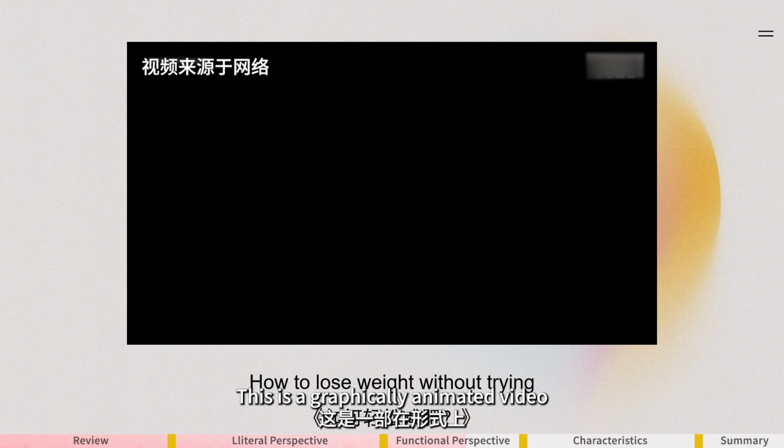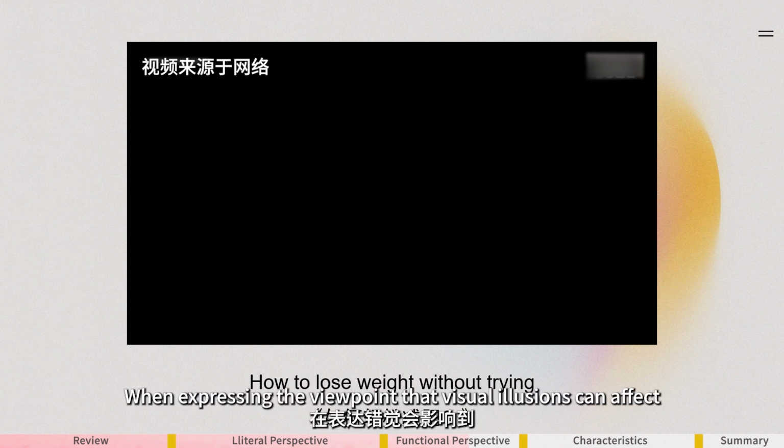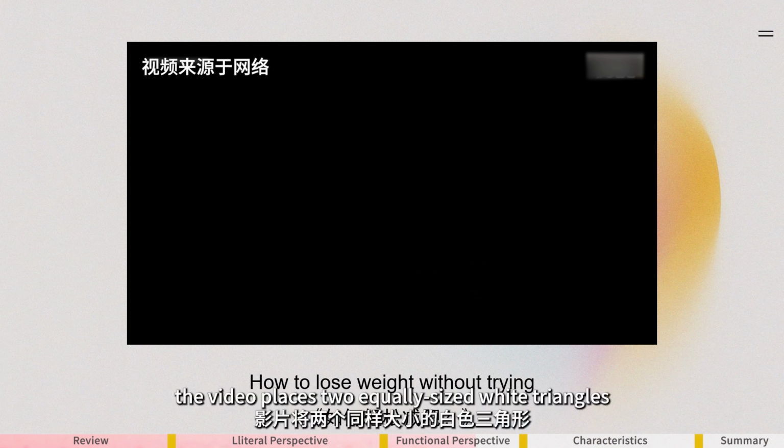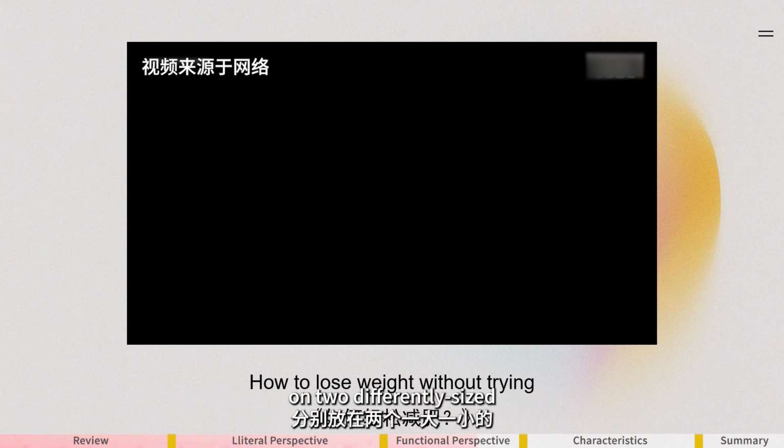This is a graphically animated video that is quite typical in form. When expressing the viewpoint that visual illustrations can affect how much or little people eat, the video places two equally sized white triangles on two differently sized blue dots, explaining that the same volume of food, when placed on plates of different sizes, can create an illusion.